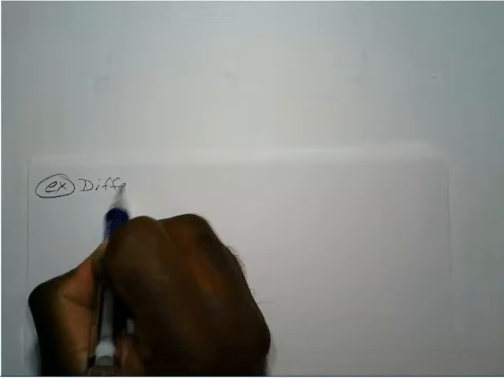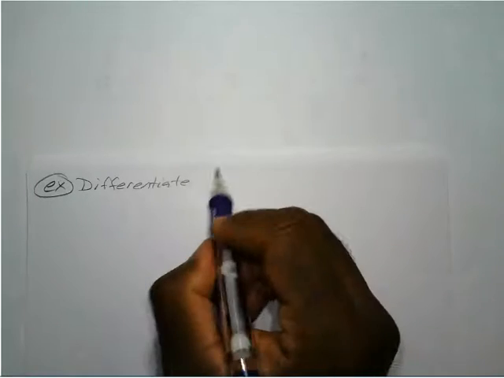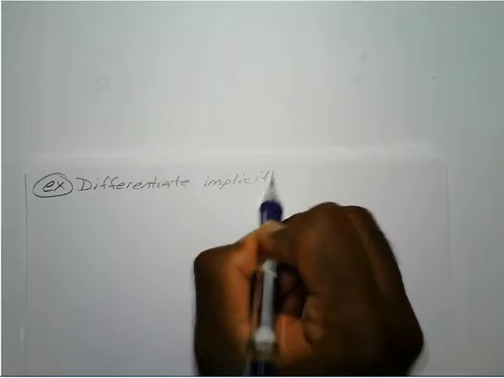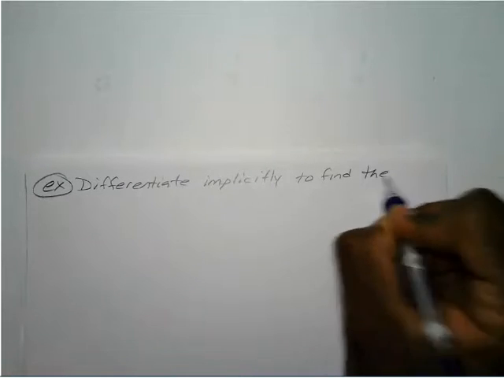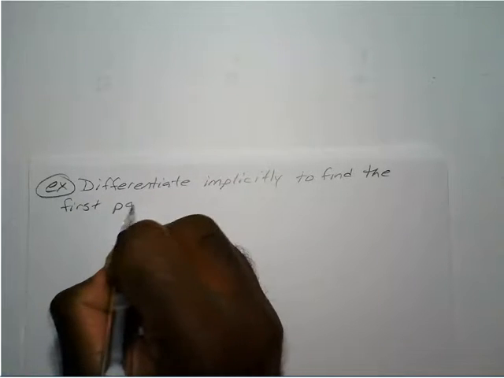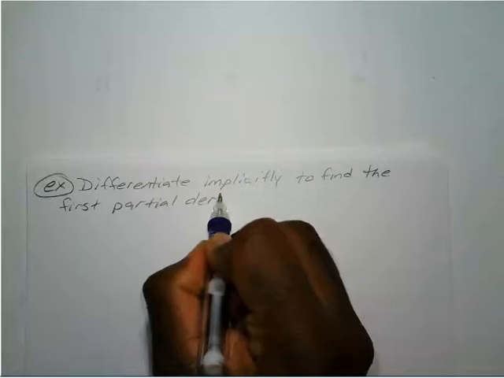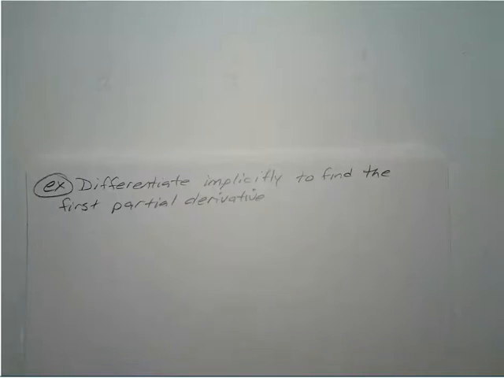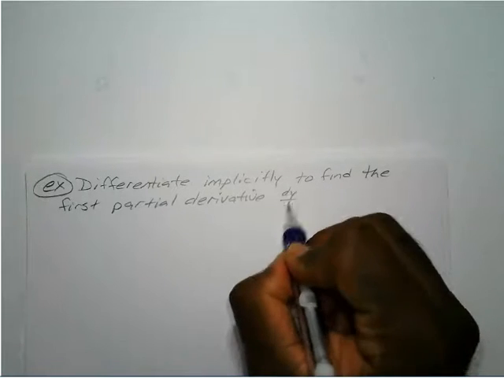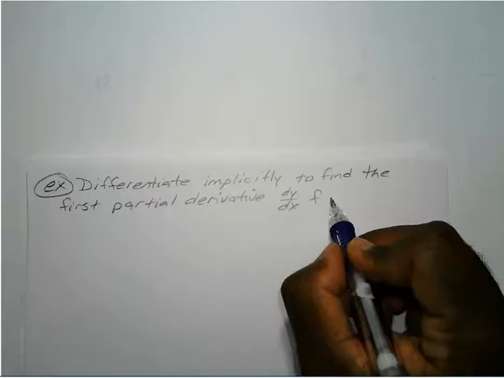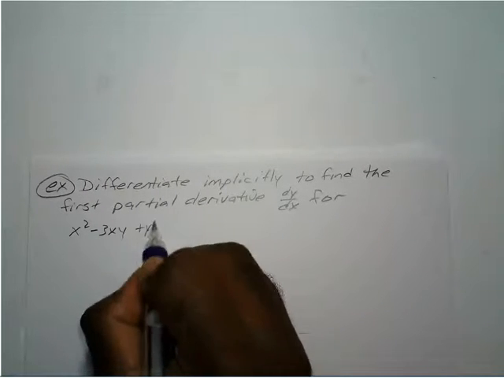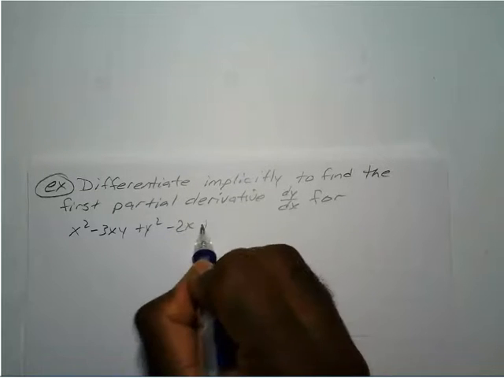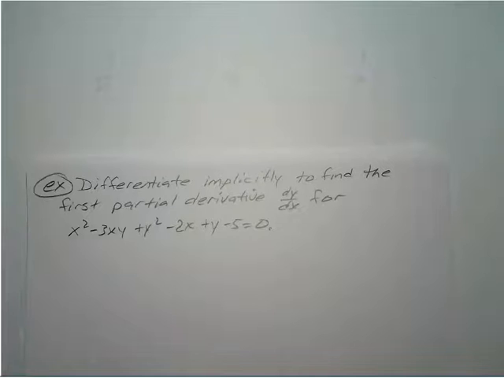All right, let's say, for example, we wanted to differentiate implicitly to find the first partial derivative dy/dx for x squared minus 3xy plus y squared minus 2x plus y minus 5 equals 0.